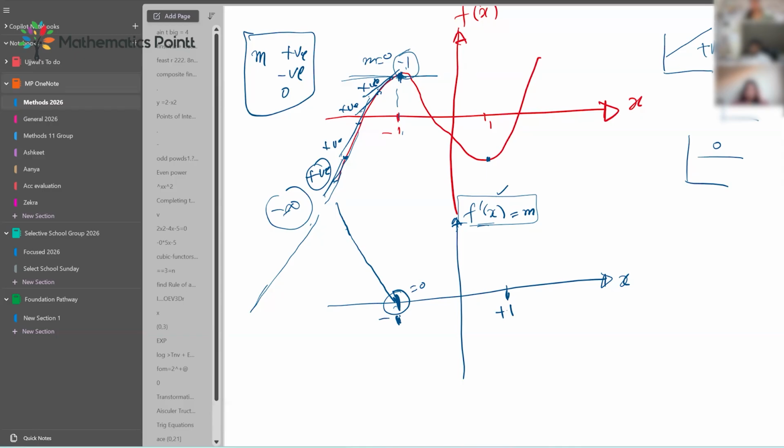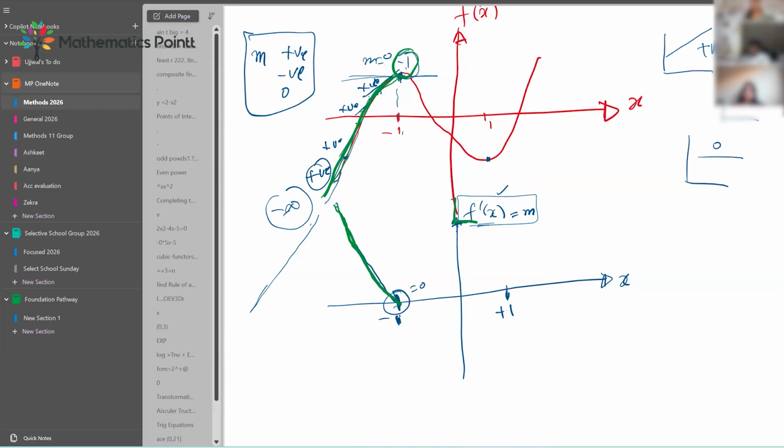Am I making sense? Right? So this portion of the graph, the green portion of the graph, is represented by the green portion of the derivative graph. Now let's change, and at -1, I've hit the x-axis of the derivative graph, which means the slope, or the f dash x, is 0.